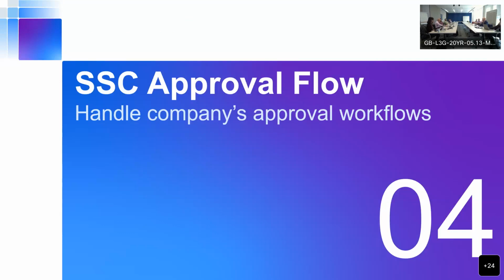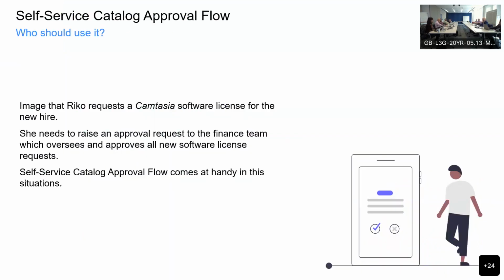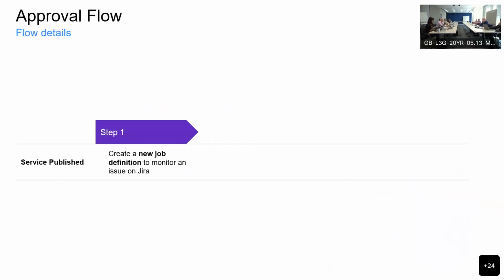So moving on to the self-service catalog approval flow, we might have cases where, for example, someone needs to request software that has a license, and for the license, the company requires an approval from the financial team, so we designed this process of approval flow to be integrated in the self-service catalog.